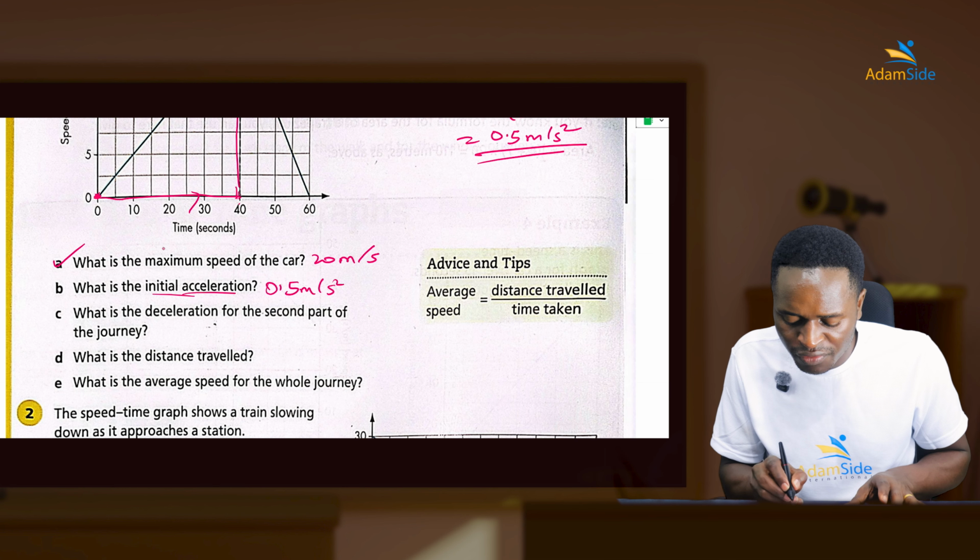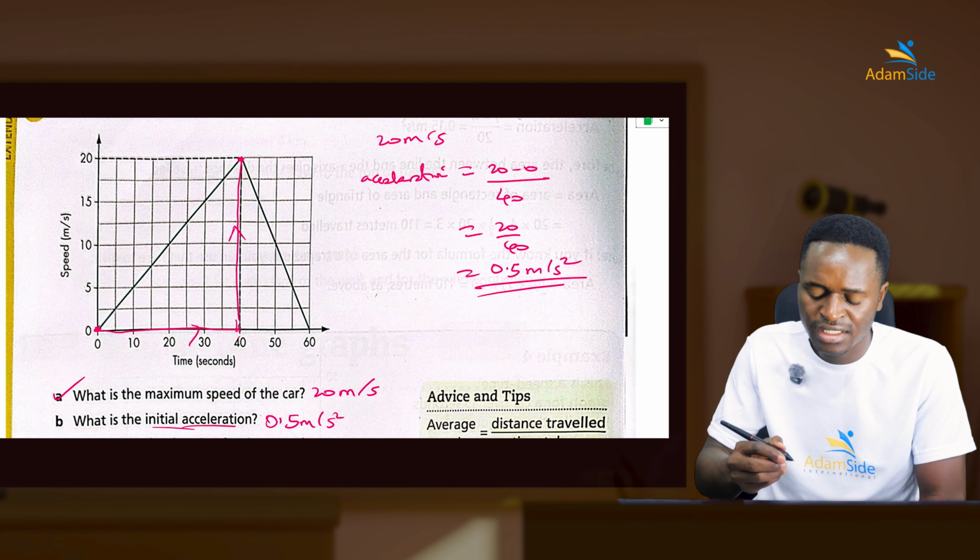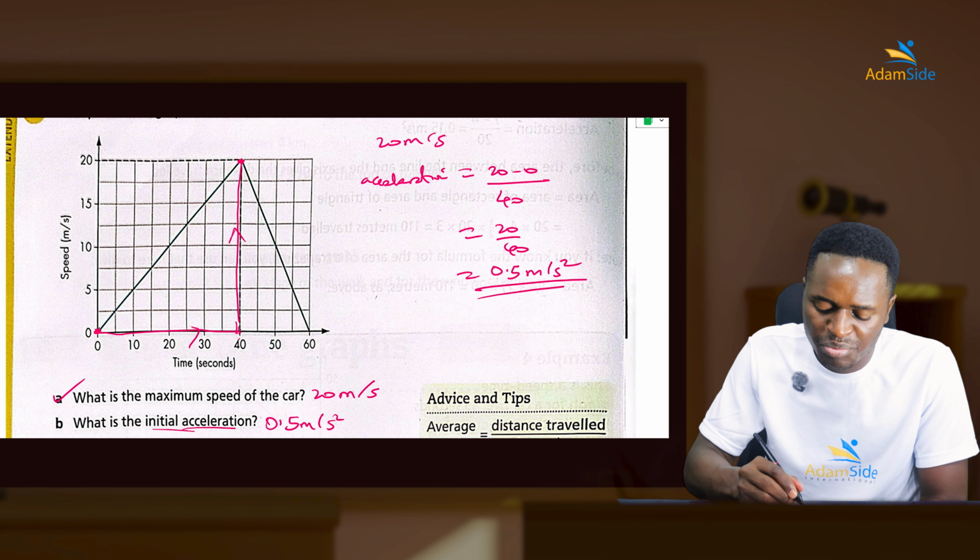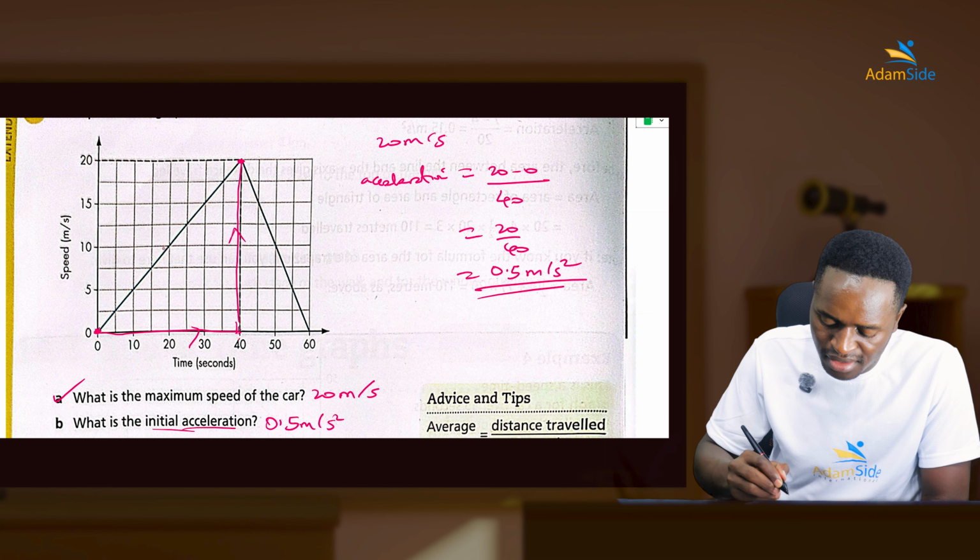What is the deceleration for the second part of the journey? Deceleration is the rate at which speed reduces per given time. The speed reduces from 20 to 0.